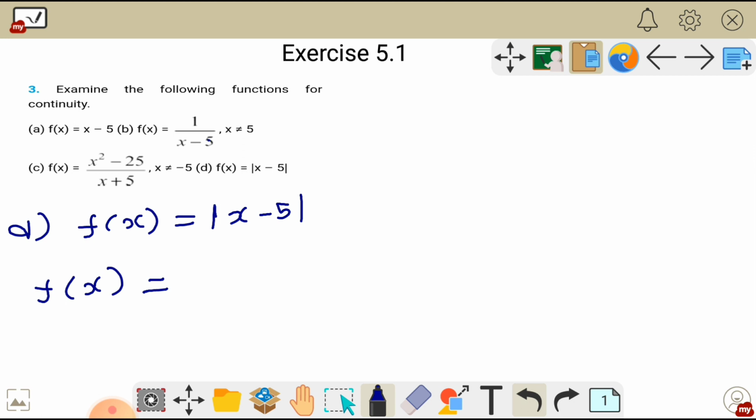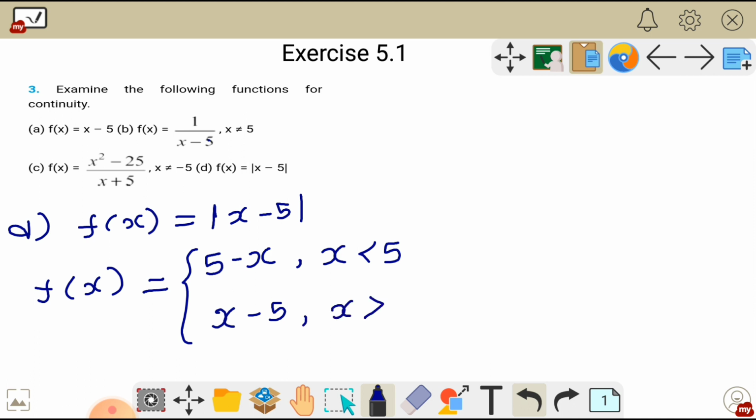to 5 minus x whenever x is less than 5, and then we can write x minus 5 if x is greater than or equal to 5.